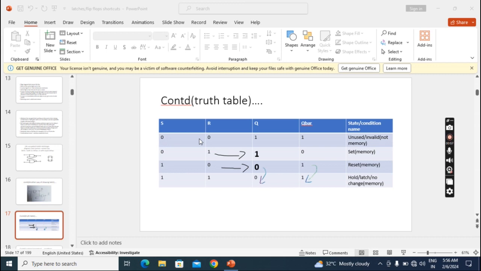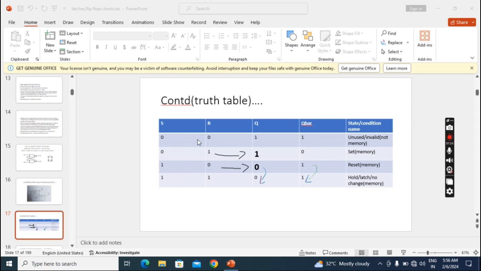We can apply any of these combinations because, even though we don't know the second input and there is no output to feed back, in these three combinations at least one of the inputs is 0, and in a NAND gate if one of the inputs is 0, the output will become 1. Like that we can get the output. So we can apply any of these three combinations.